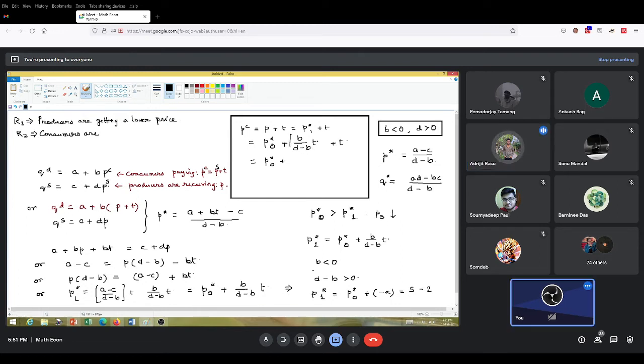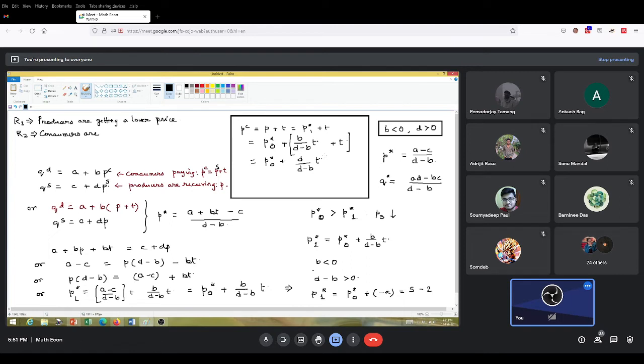Now look at this part. What is this? D by D minus B into T, right? It becomes D by D minus B.